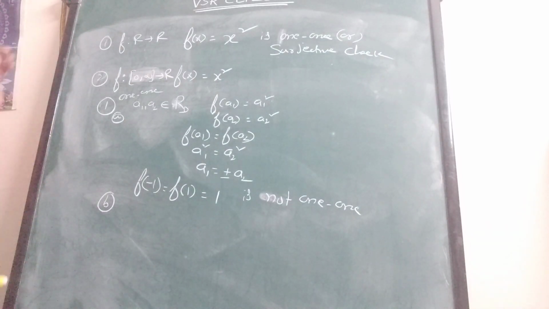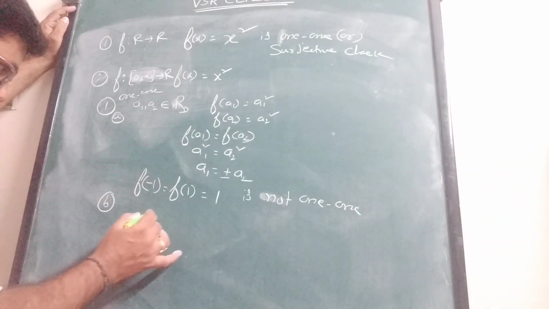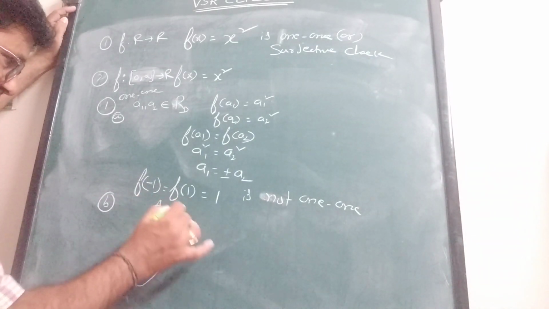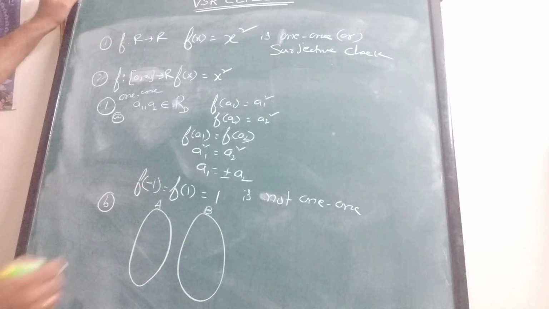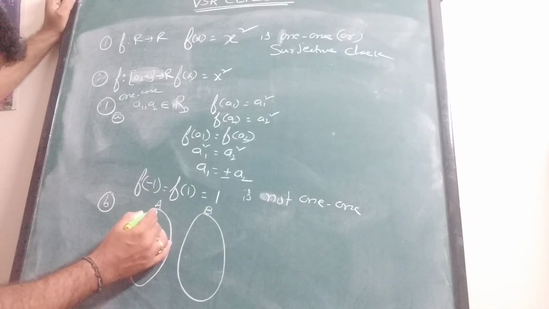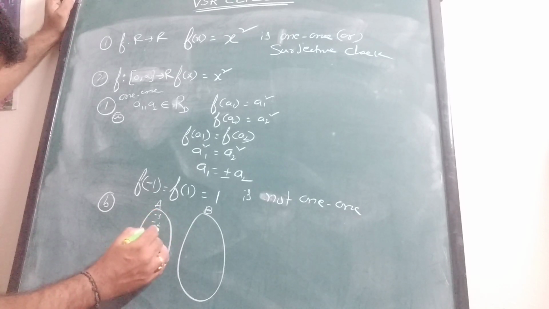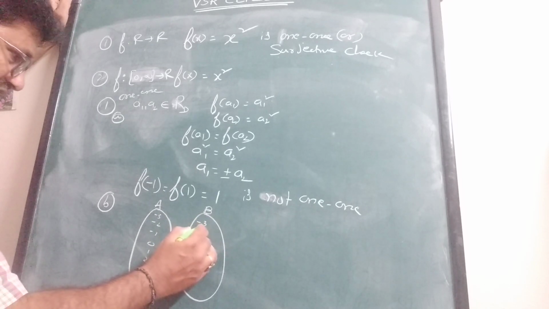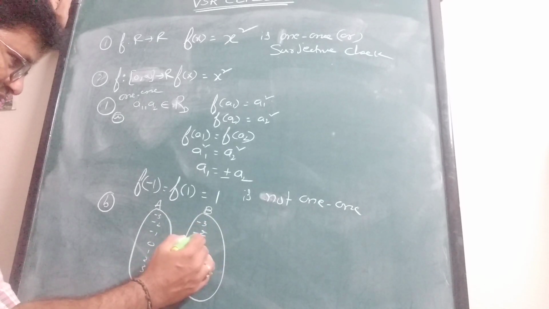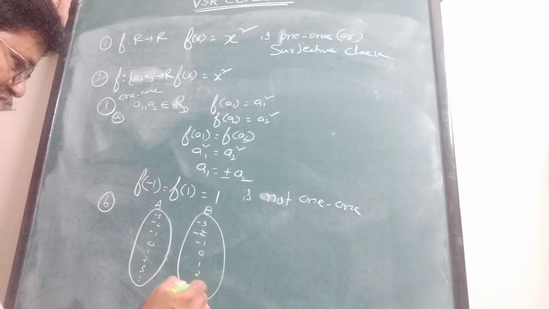Now we will check it. Graphically, if I draw A and this is B, this is R, it will be from minus 3, minus 2, minus 1, 0, 1, 2, 3, and it's also the same like this.